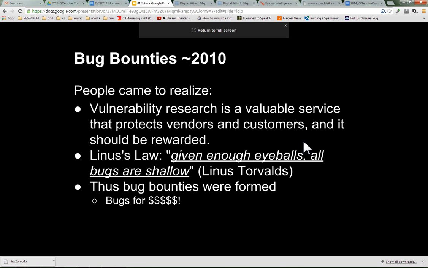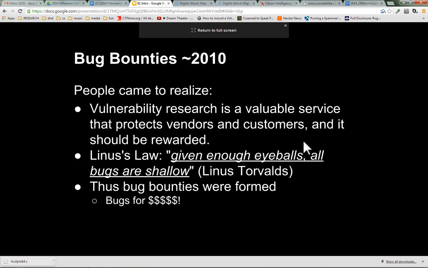So bug bounties are also what are out today. And basically, people are realizing that vulnerability research is a very valuable service, and it should be rewarded. And the general reward scale is not based on the amount of time you took to find it or your skill. There's generally just flat bounties, and they scale.